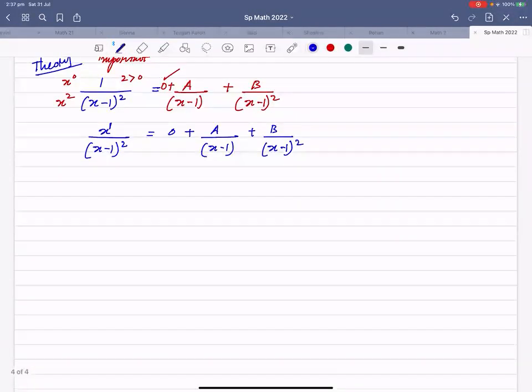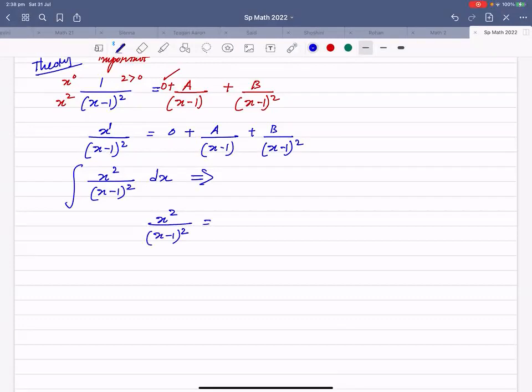Okay, and then if you have x squared divided by (x minus 1) squared, right? If you have something like this to integrate, no base case, no substitution is working, right?